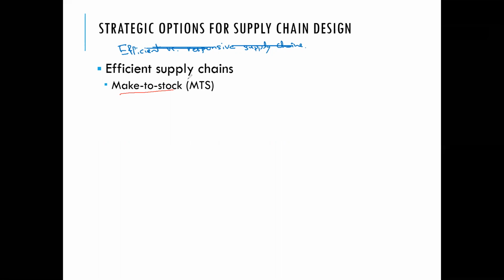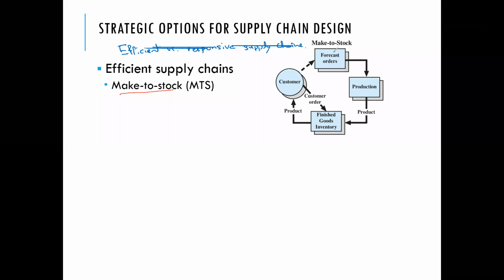So in essence, the flow chart for those products looks something like this. For make to stock products, first we forecast the demand, then we make the product based on that forecast, and then once the product is made, we store it as finished goods inventory.